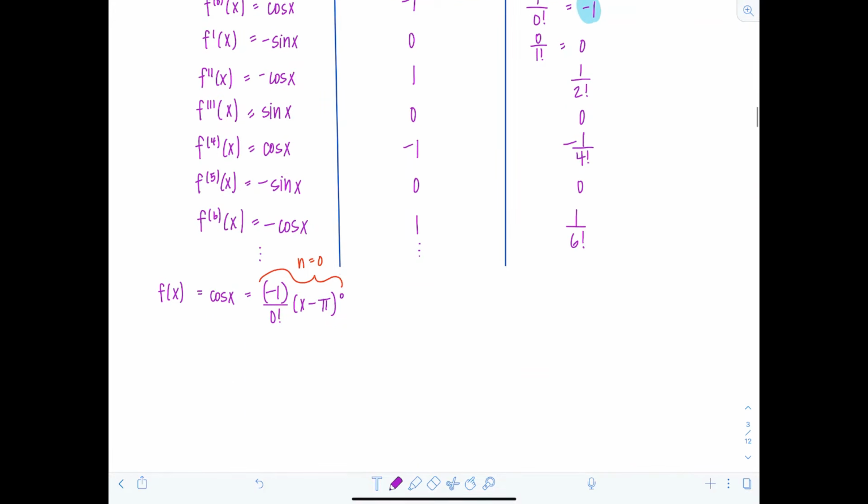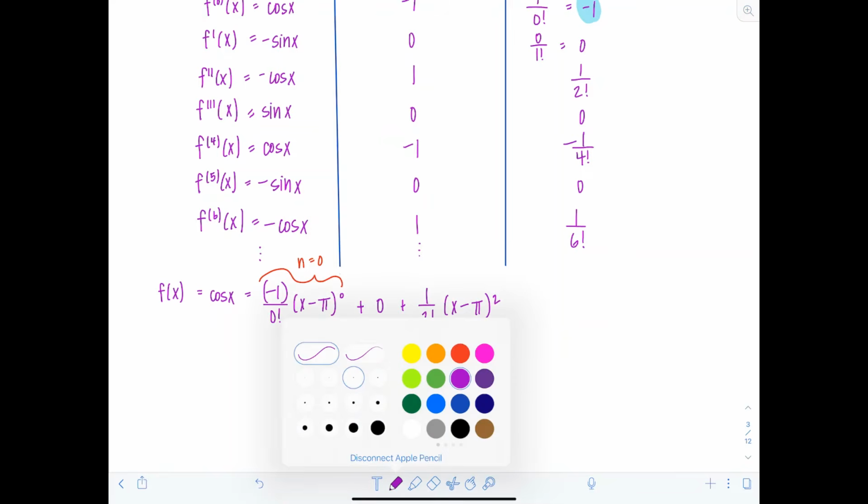Plus, if n is equal to 1, I just get 0. Okay. Plus, I'm going to have 1 over 2 factorial times x minus pi squared. That's for n equals 2.